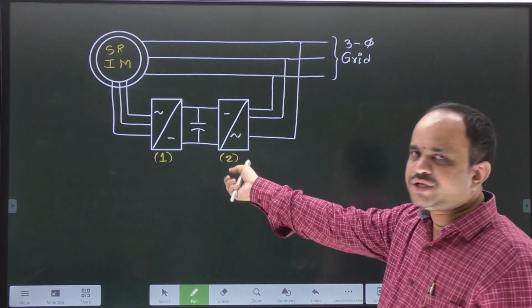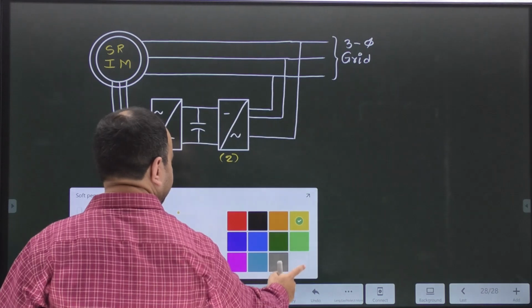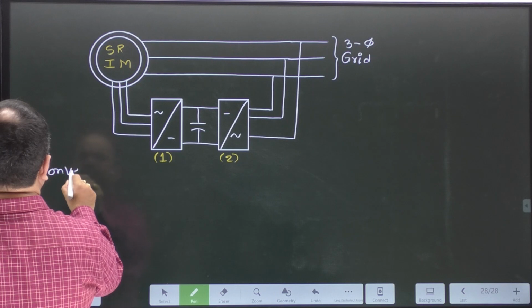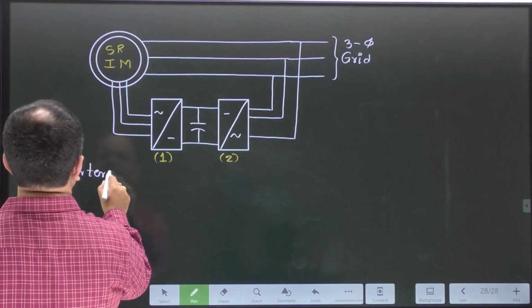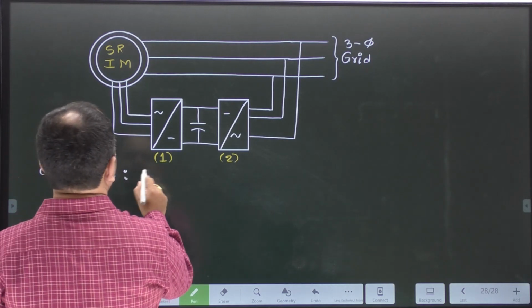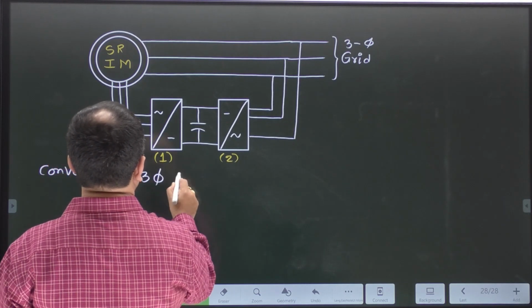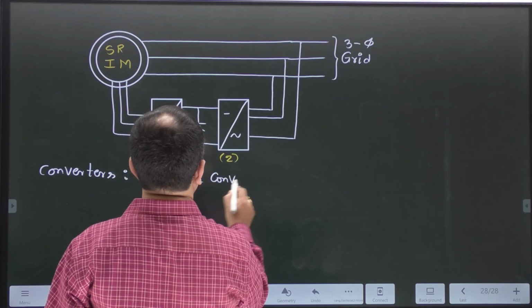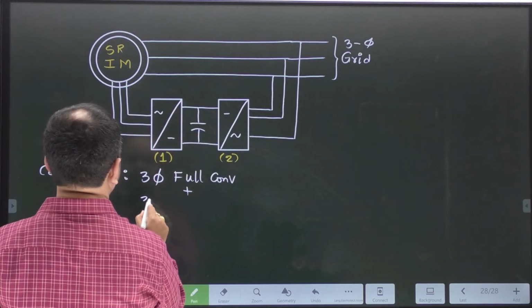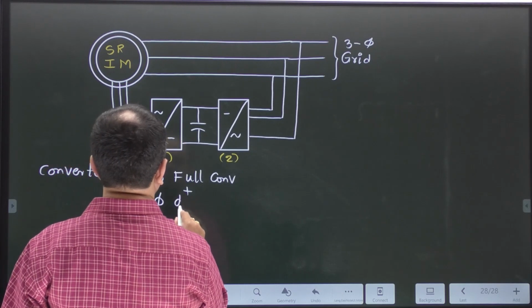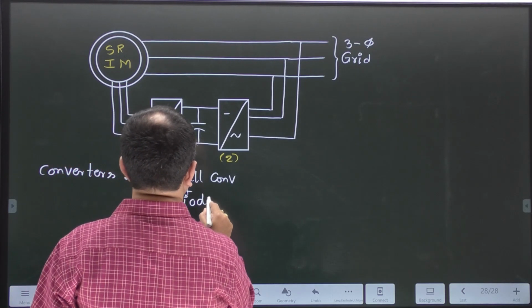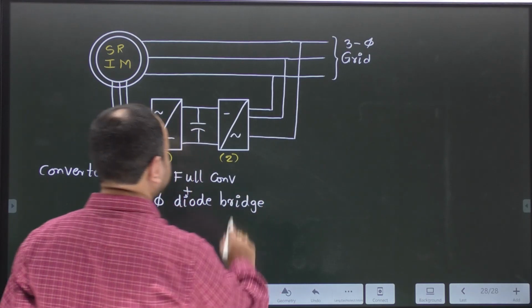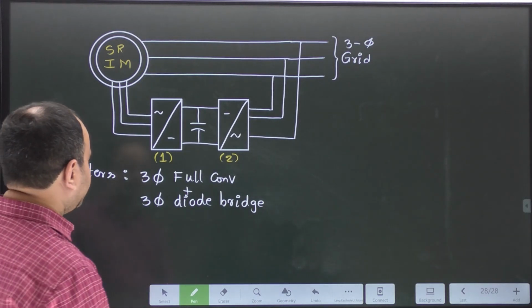So if you use these converters, this combination of converter 1 and converter 2, it is a 3-phase full converter plus a 3-phase diode bridge.